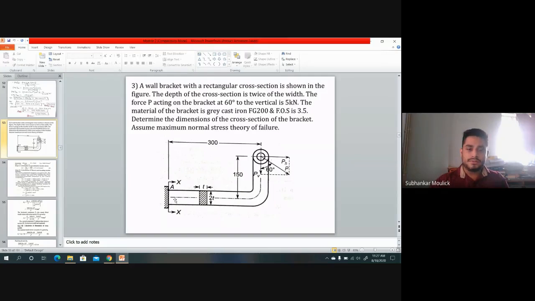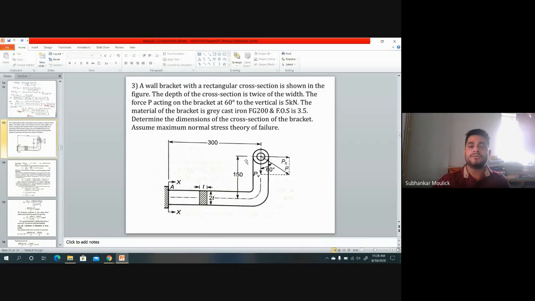Fine. So this is your bracket. The bracket is at a distance of 300 mm, that means from this end to the fixed end is 300 mm, and from this end the vertical length is 150 mm. This dash-dot line is the neutral axis of the bracket.